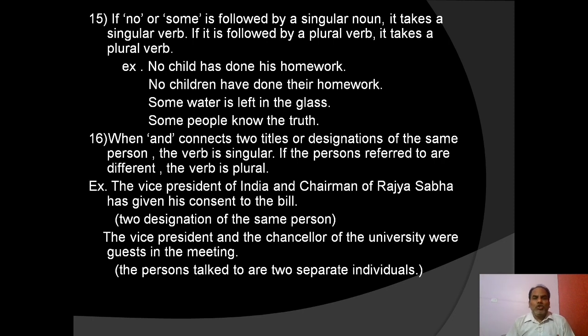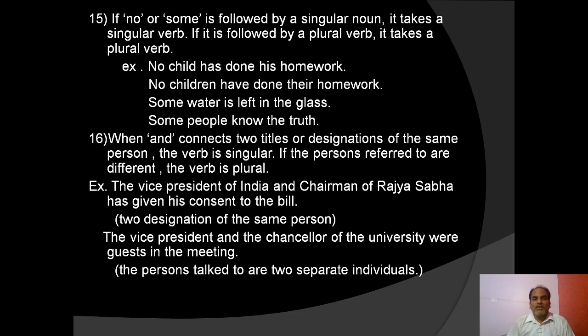If no or some is followed by a singular noun, it takes a singular verb. If it is followed by a plural noun, it takes a plural verb. No child has done his homework. No children have done their homework. No is used, but here the verb is has. Why? Because of child.